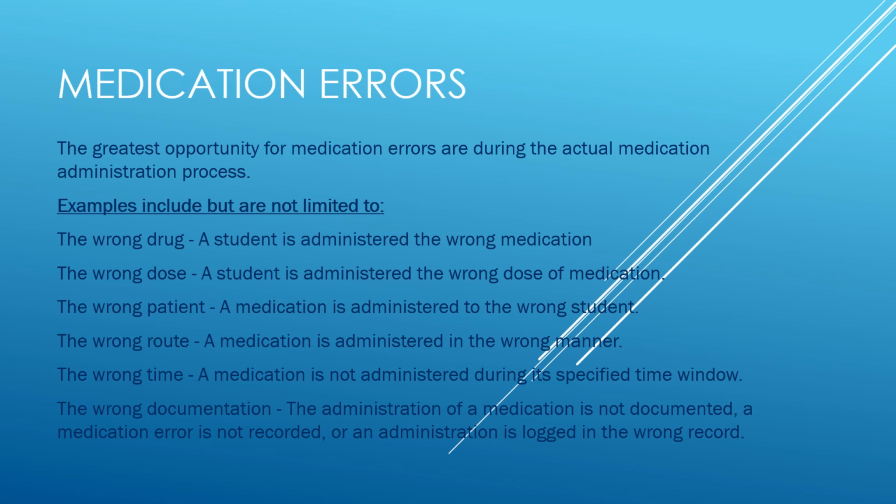Medication errors. The greatest opportunity for medication errors are during the actual medication administration process. So here are some examples. Wrong drug, wrong dose, wrong patient, wrong route, wrong time, wrong documentation.